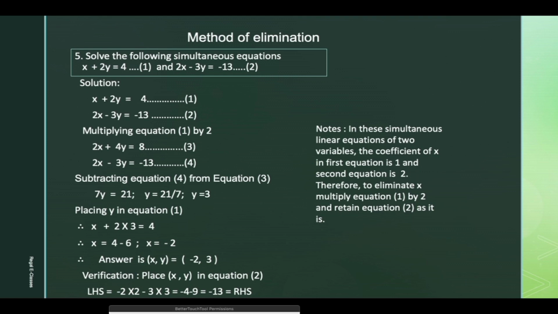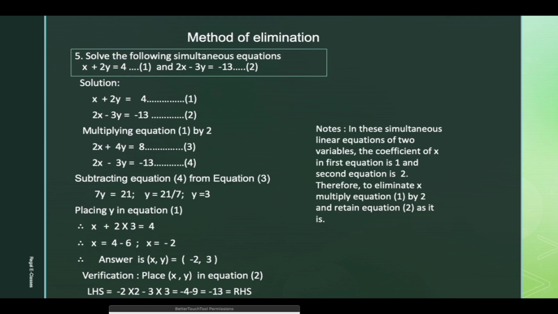In this equation, the coefficient of x in the first equation is 1. In the second equation, the coefficient is 2. So we retain the second equation and multiply the first equation by 2. So you get 2x plus 4y is equal to 8.